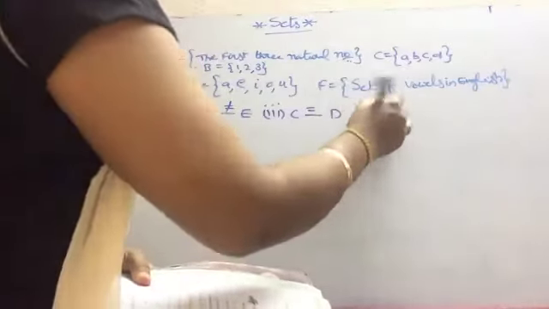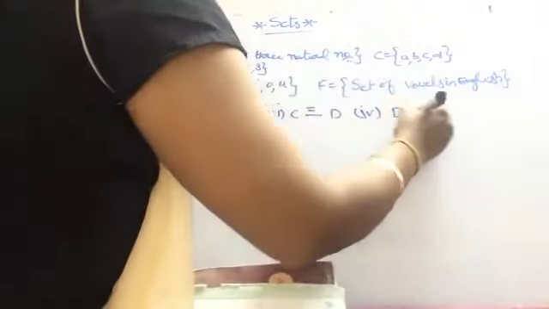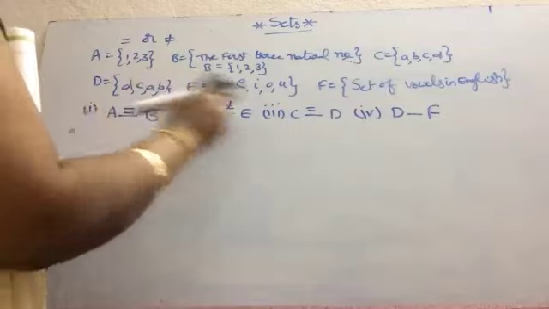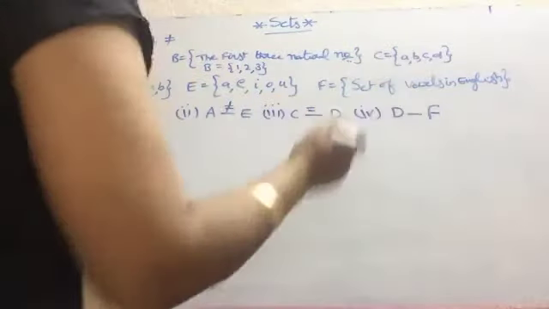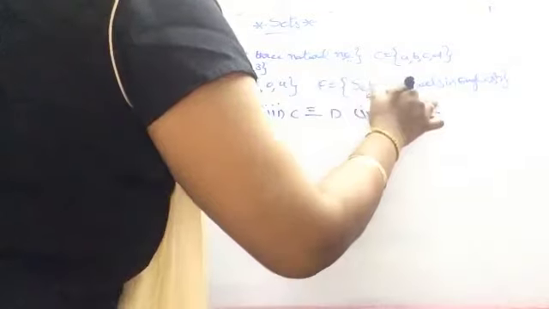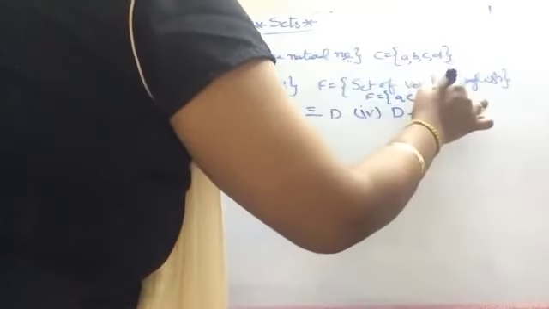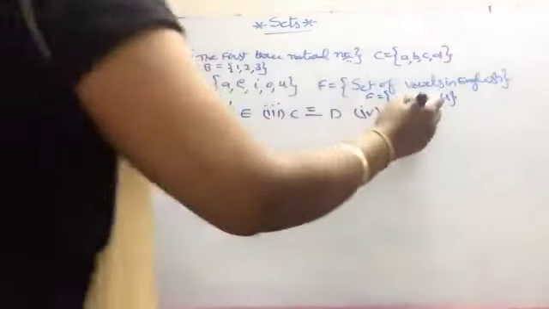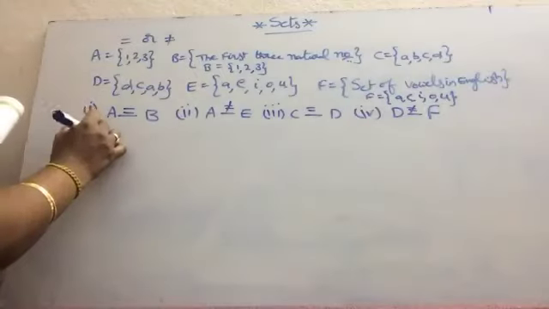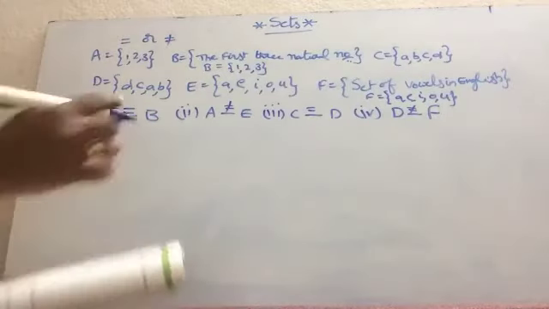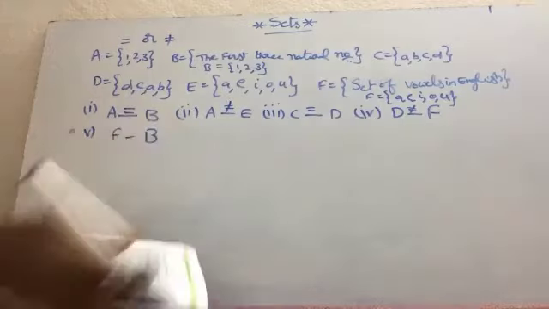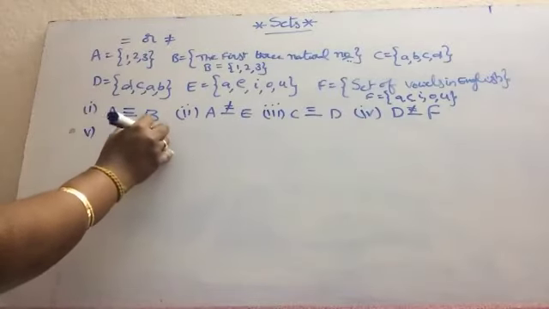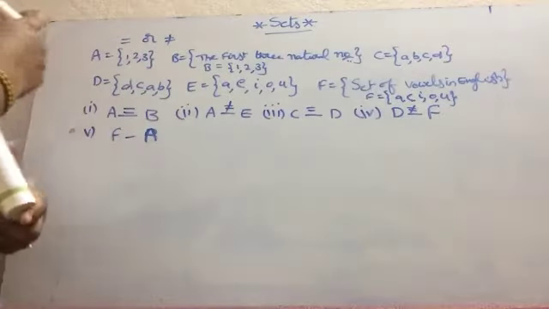And the fourth one, D, F. What are the values of D? D, C, A, B. And what are the values of F? The set of vowels. What is the set of vowels in English? A, E, I, O, U. So these both are not equal. And the fifth one, F, A. What are the values of F?